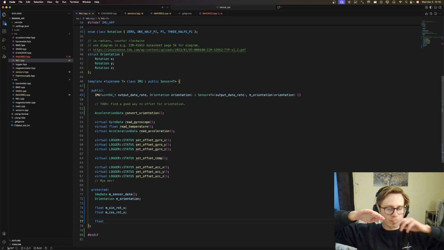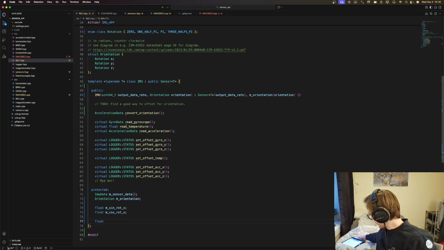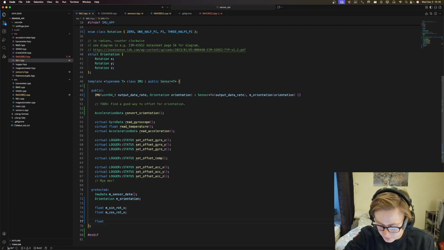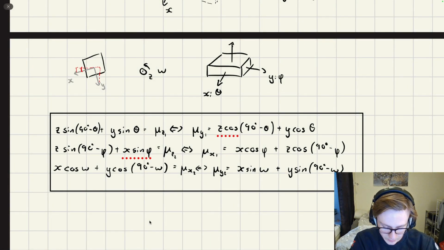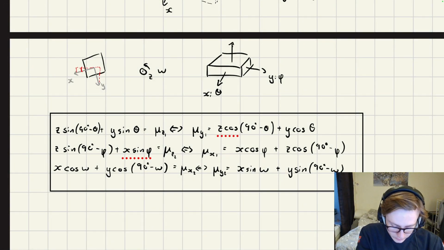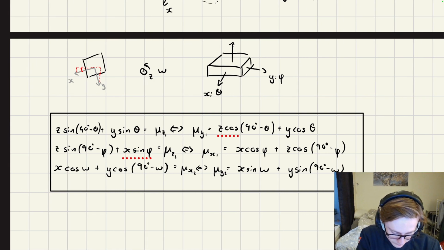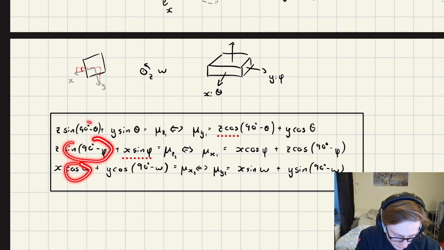We have a rotation. We want to find, I'll open it again, we have a rotation. We want to find this, this, this, this, and this.